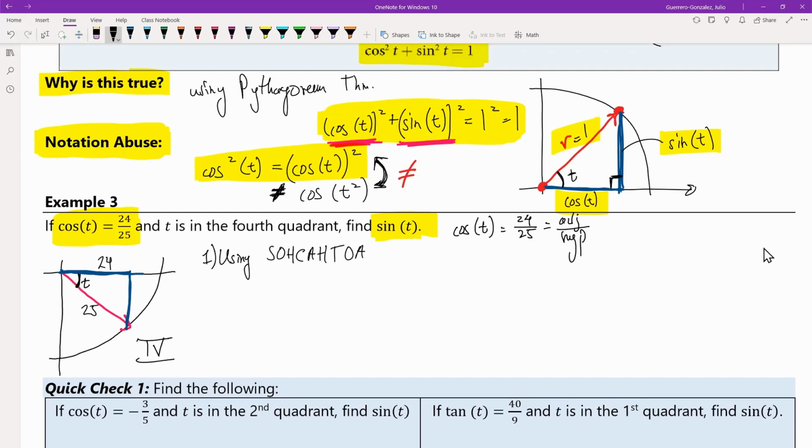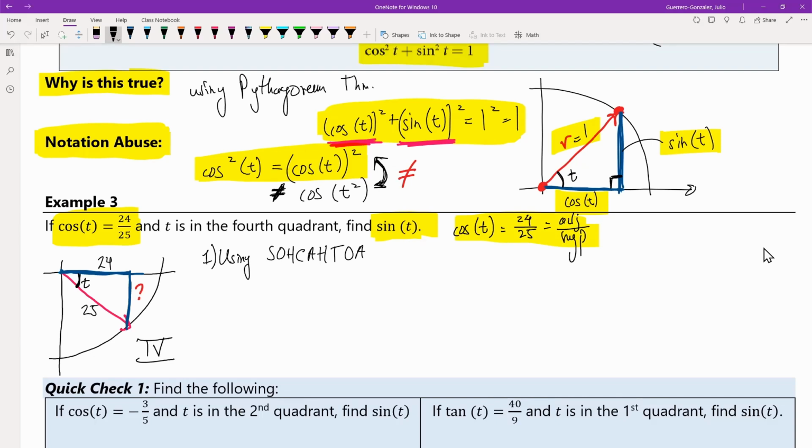Cosine is adjacent over hypotenuse, and we have that in our triangle now. We need that missing side of our triangle, so we can hit it with the Pythagorean theorem.